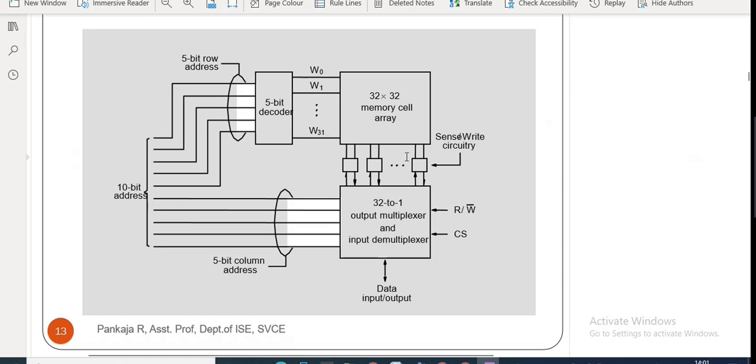Stop your discussion. See, this is a 10-bit address. Make it fast. Finished.